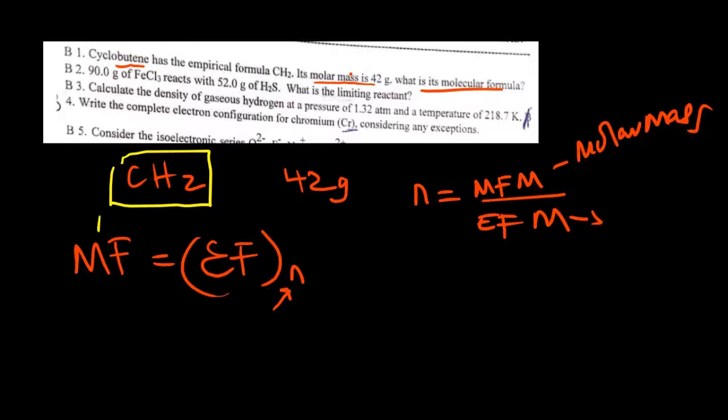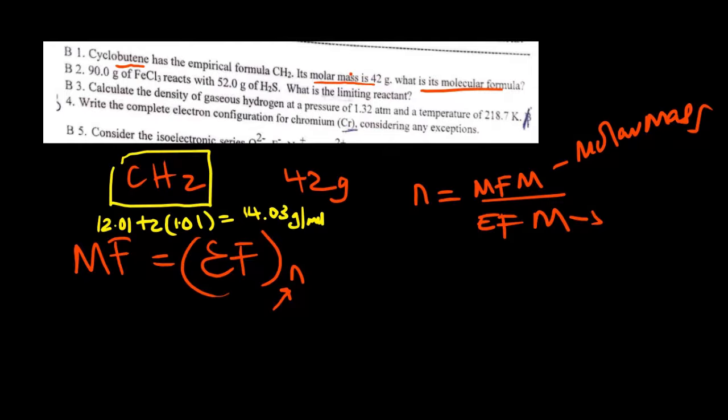So it will be 12.01, which is the molar mass of carbon, plus 2 multiplied by 1.01, which is the molar mass of hydrogen. When we calculate that, we get 14.03 grams per mole.